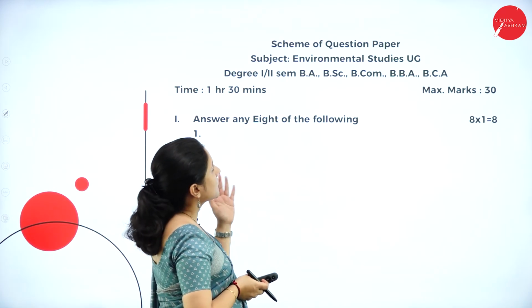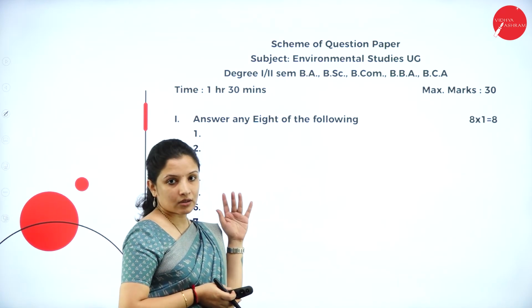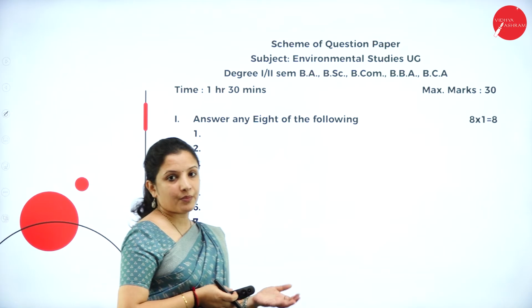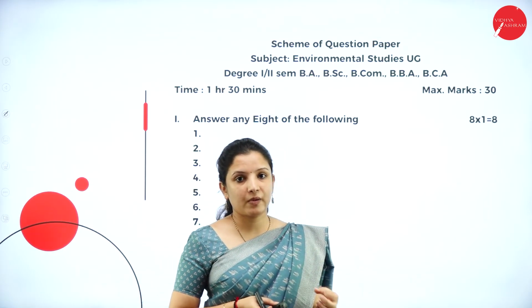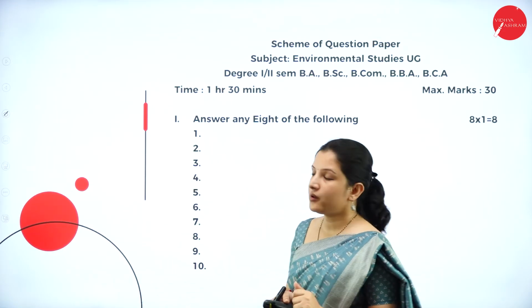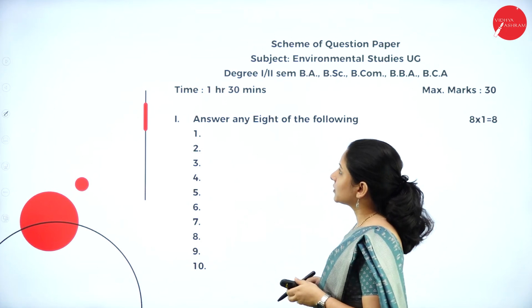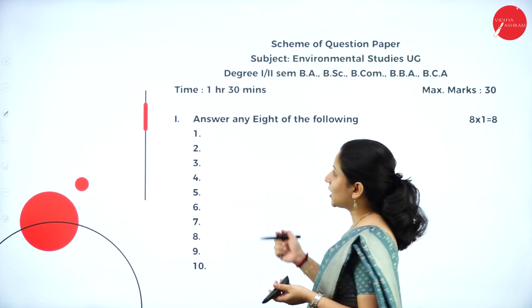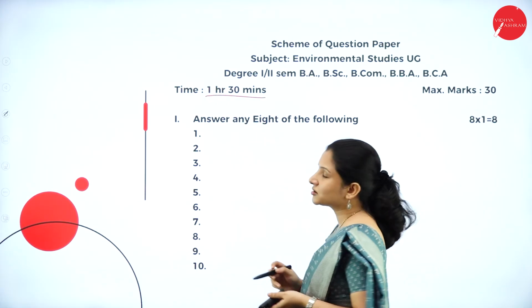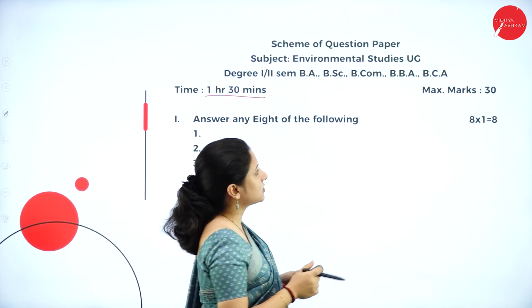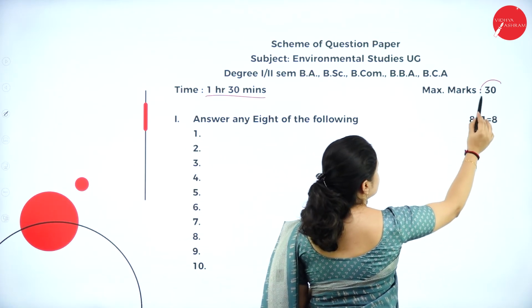Apart from that, we shall learn about the scheme of the question paper, that is the model of the question paper, how exactly the question paper looks. The time given for writing the exam is 1 hour 30 minutes, 1.5 hours, because it carries just 30 marks.